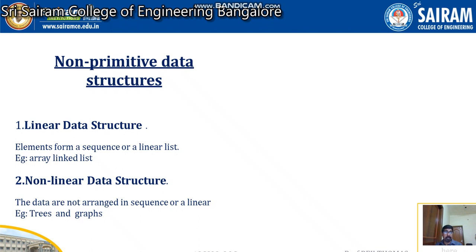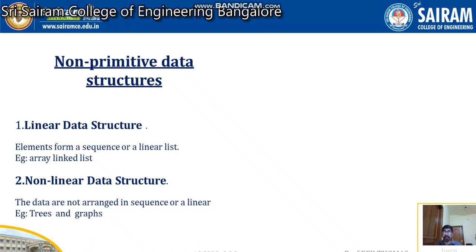I repeat, array is an example of linear data structure where the data is stored in a sequential format. Next is non-linear data structure, where data is not stored in a linear format. Something like trees. You have studied trees. There is something called graphs where data is not stored in a sequential format.